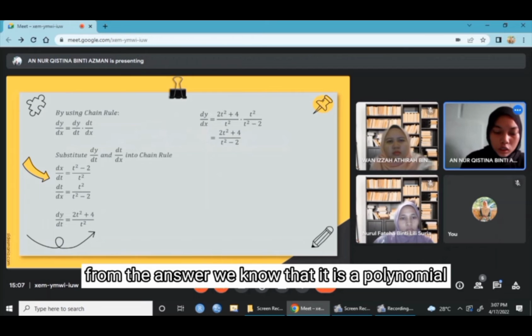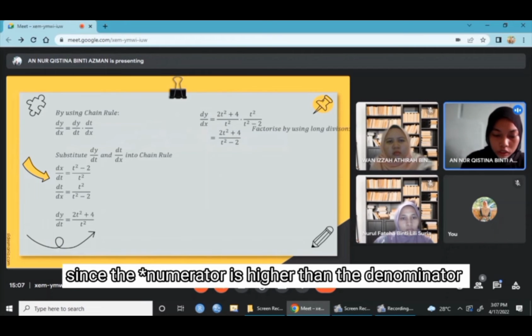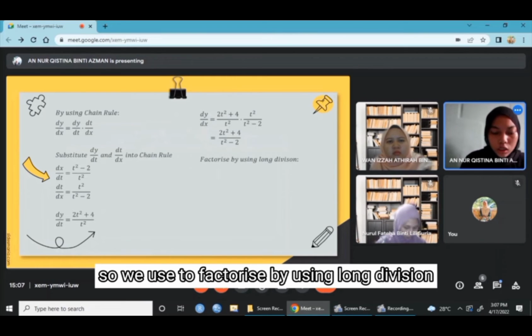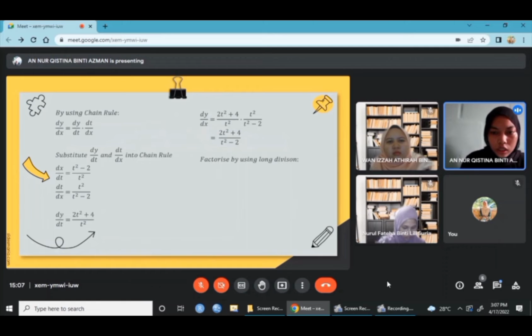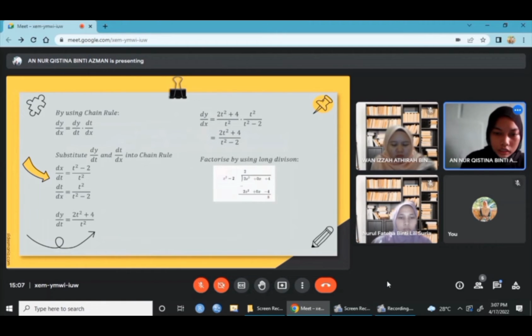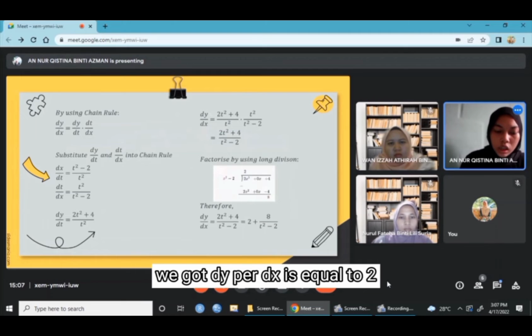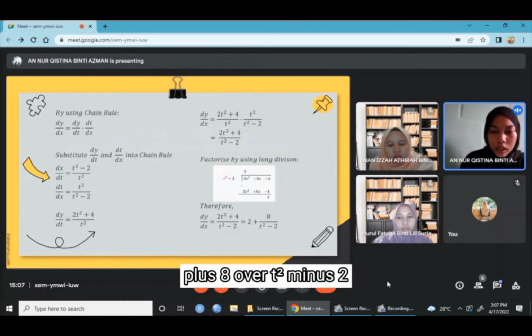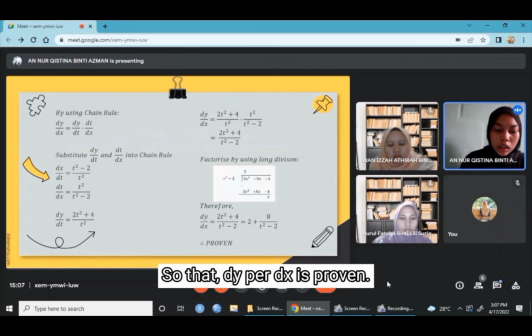From the answer, we know that the numerator is a polynomial of higher degree than the denominator, so we factorize by using long division. As a final answer, we got dy per dx is equal to 2 plus 8 over t squared minus 2. So dy per dx is proven.